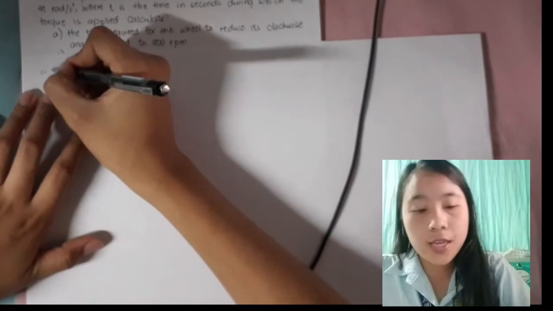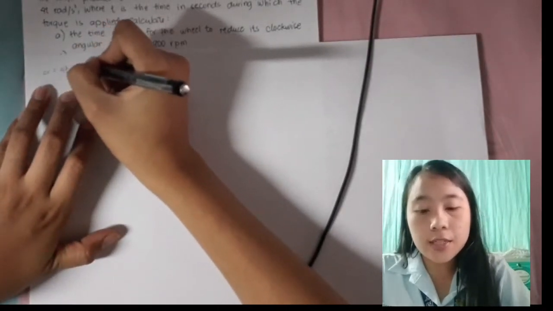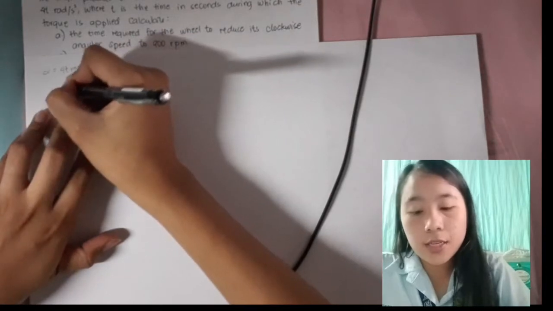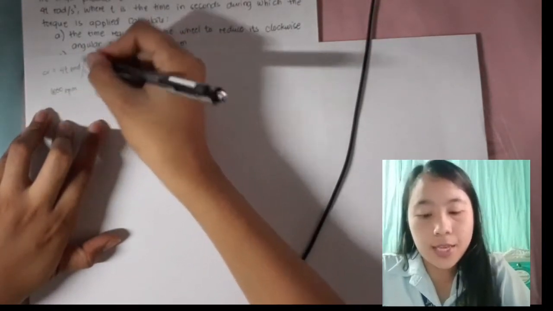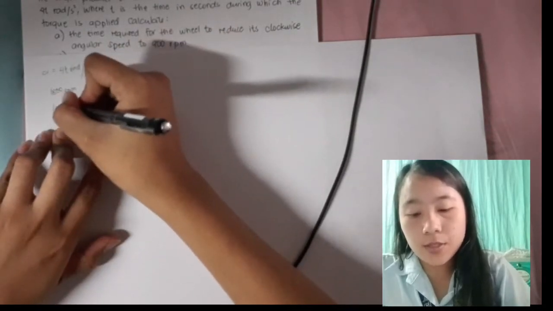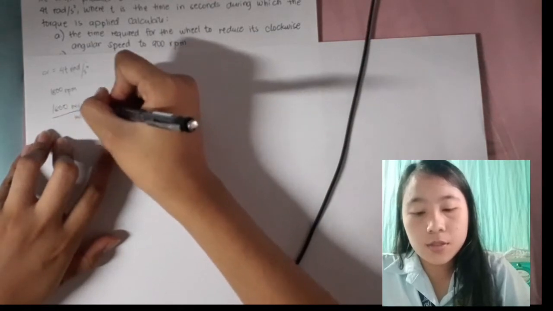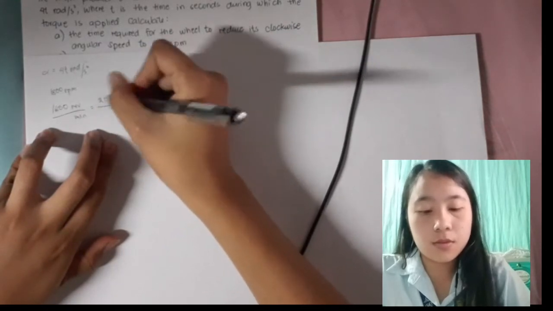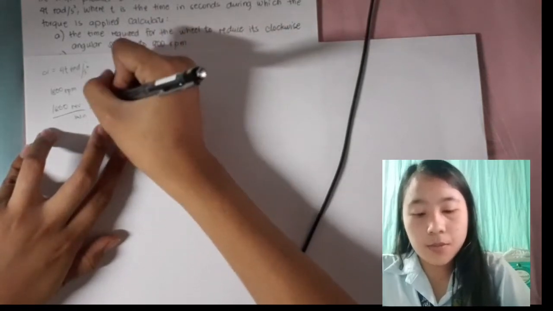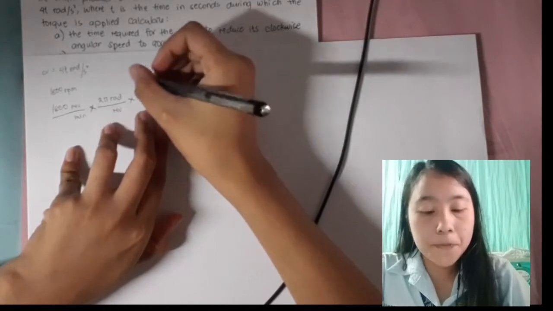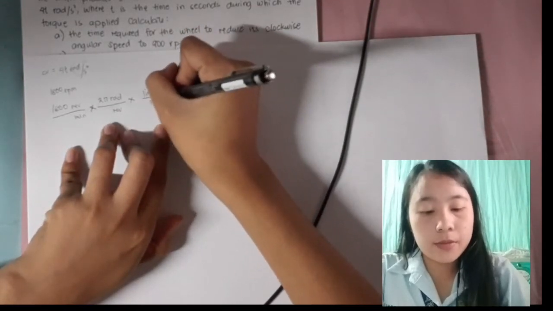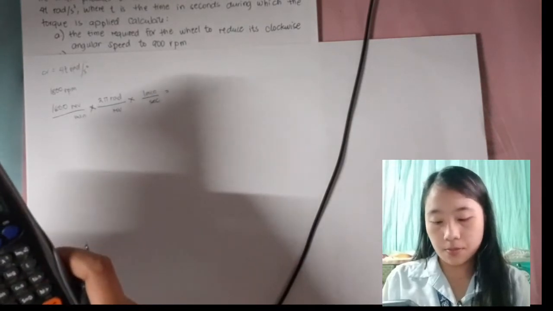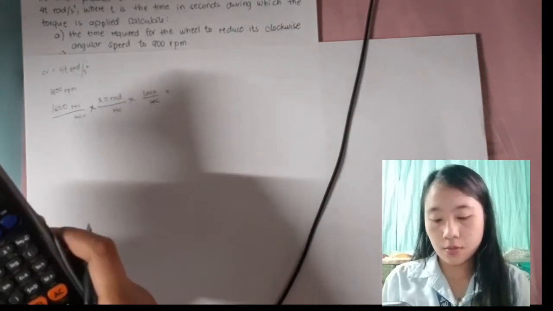Since we have the given angular acceleration equal to 40t rad per second squared, let's convert the 1,800 RPM to rad per second. That is 1,800 revolutions per minute times 2 pi rad times 1 minute per 60 seconds.